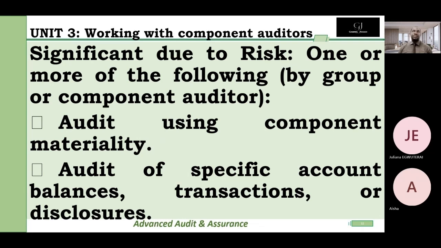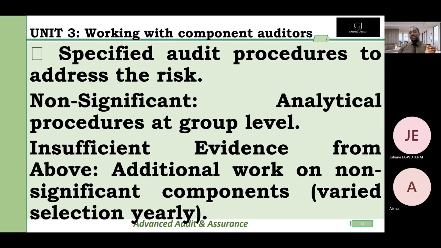One or more of the following: companies, subsidiaries, associated companies must also be assessed due to risk. The audit using component materiality and the audit of specific account balances, transactions, disclosures, and substantive audit procedures need to be assessed due to risk and their materiality.